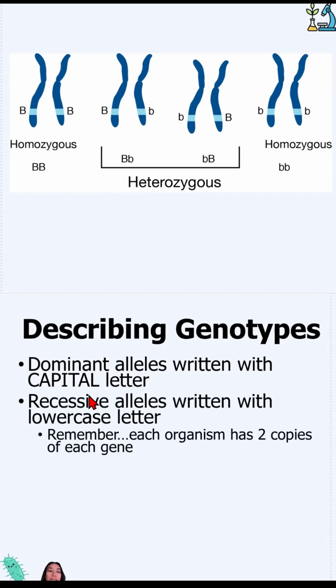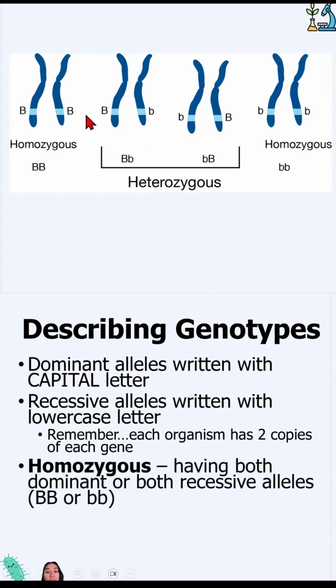Now, remember, most eukaryotic organisms are going to have 2 copies of each gene. So, for example, us humans, we have 2 copies of each chromosome, right? 23 pairs. And so on each chromosome, you're going to have 2 genes. And so you're going to have 2 copies.